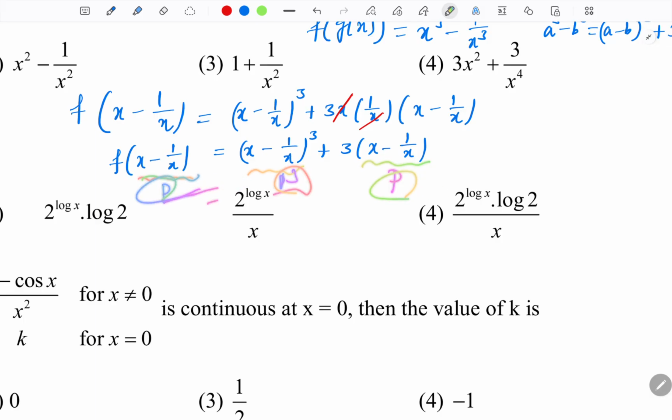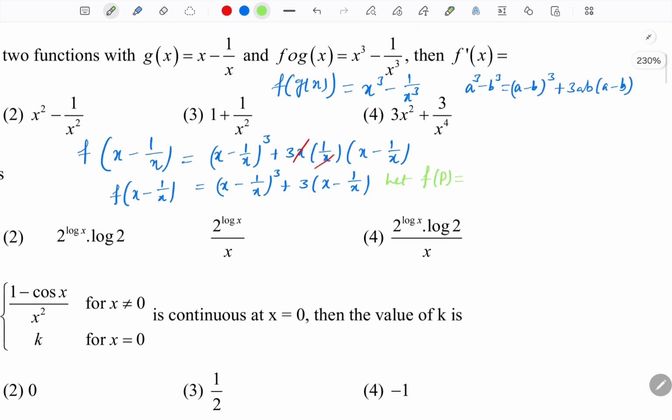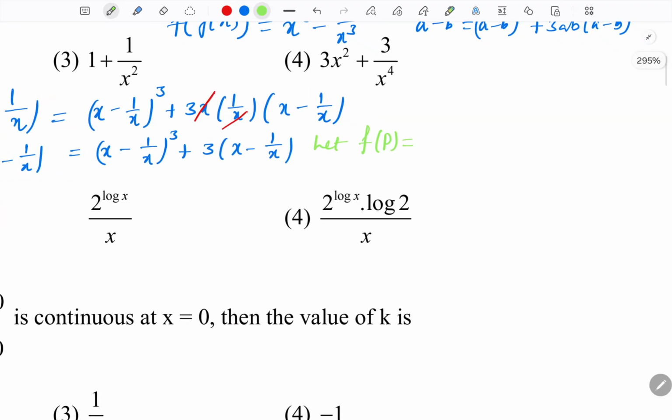For easy calculation, let f of p equal to, okay, they're asking f dash of x, right? They're asking in terms of x, right? Sorry students, I will take x only instead of p here. f of x equals x cube plus 3x, right?